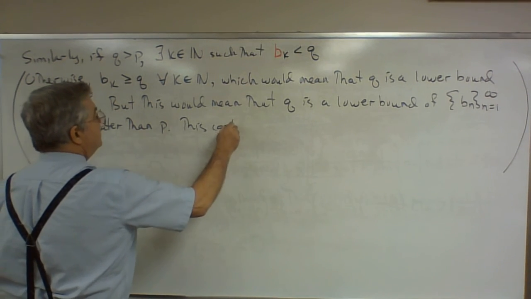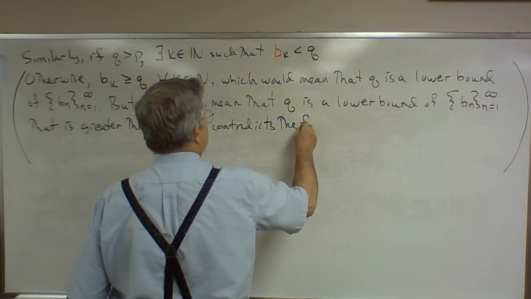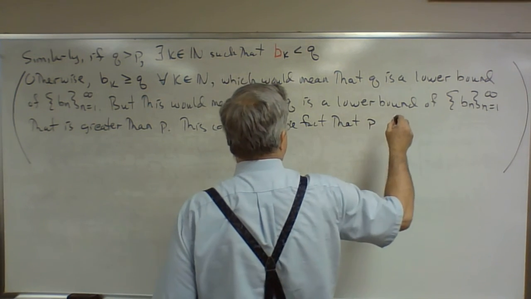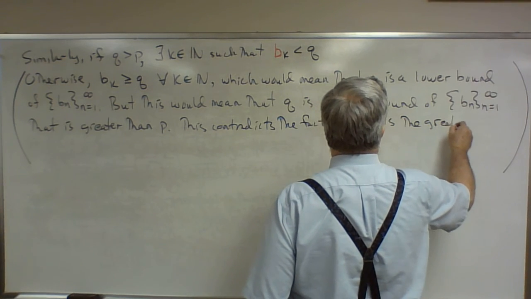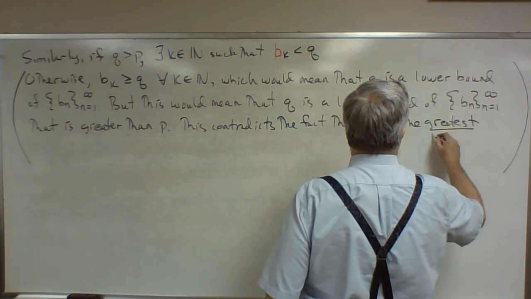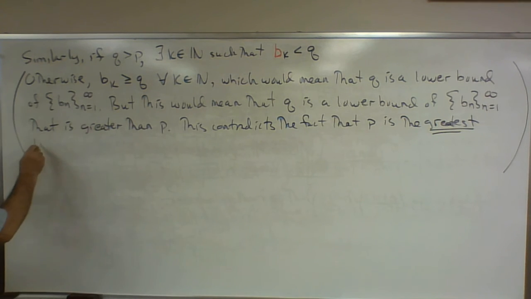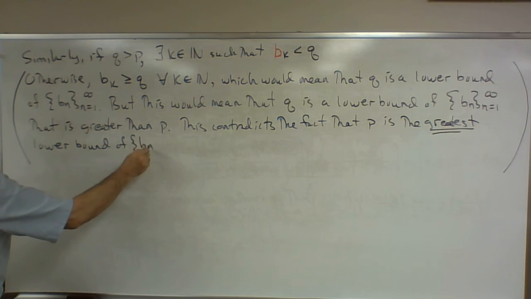This contradicts the fact that P is the greatest lower bound of B sub n.